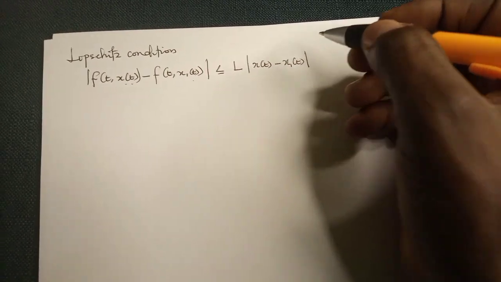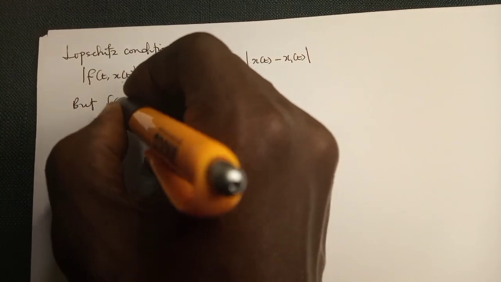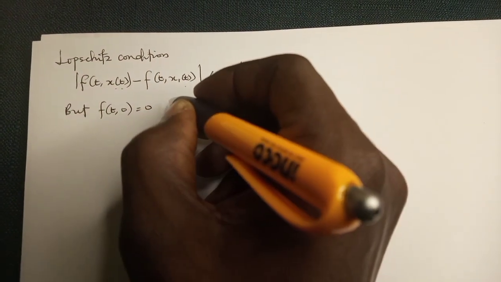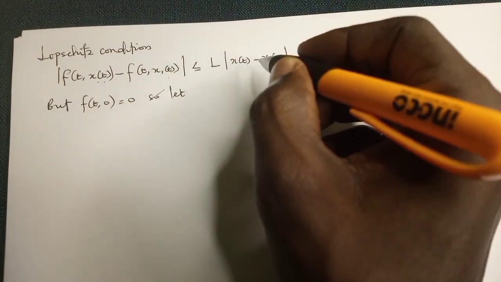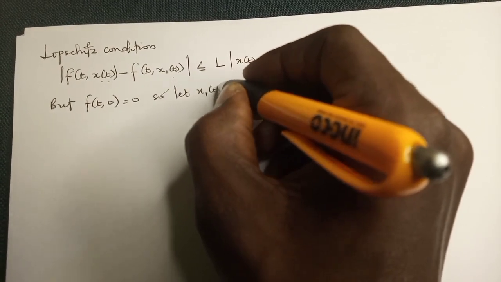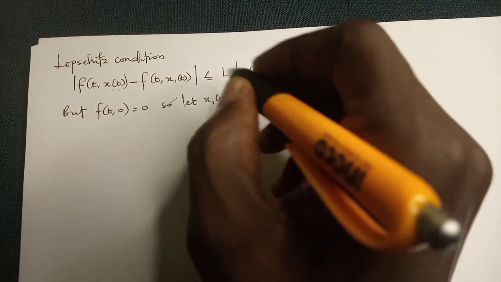But the condition is given to us as f(t, 0) should be equal to 0. So we let x1(t) be equal to 0, and we do the substitution.